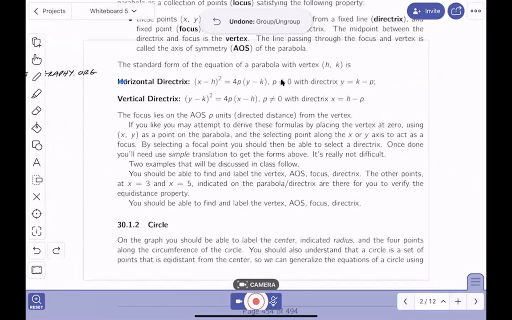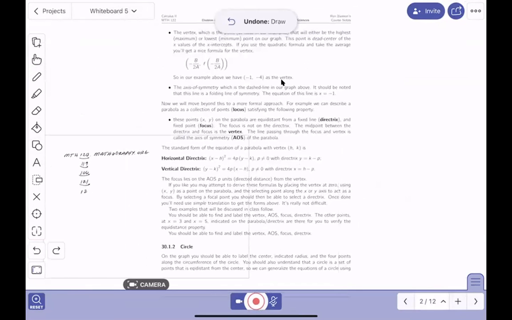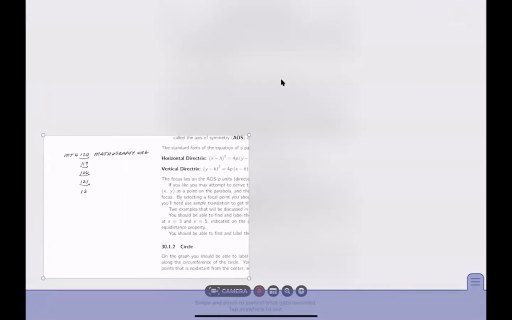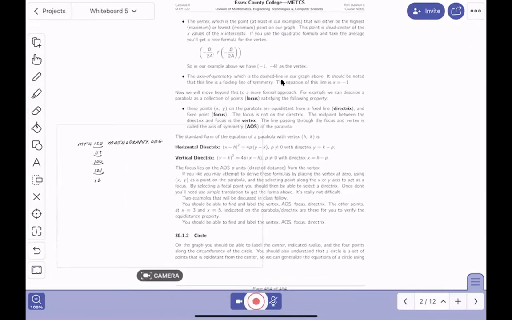Whoops, sorry about that. I got to go backwards. Give me a second. Oh, boy, I really screwed up here. Let me just get rid of this thing here.